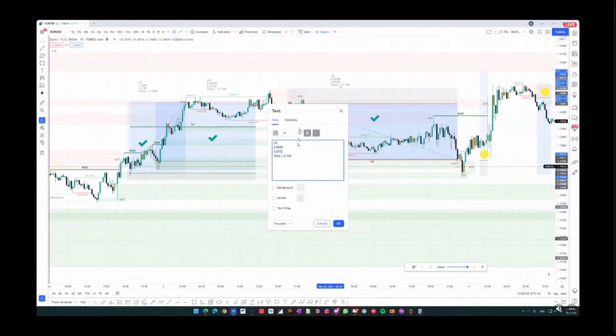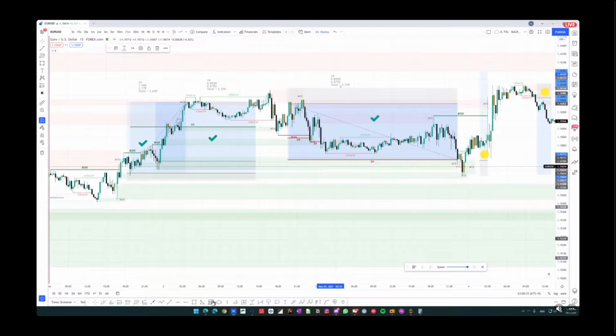So this one, we for sure got our 1R. We took two take profits on this one. Our first take profit is here.